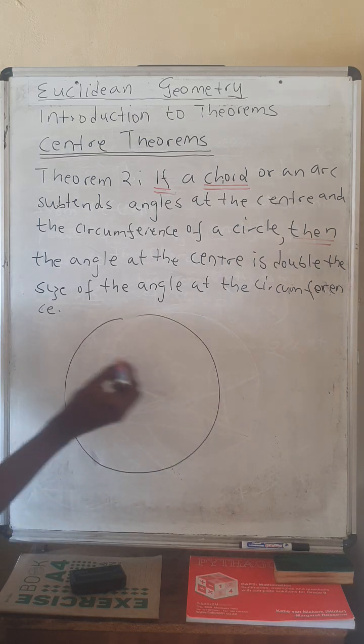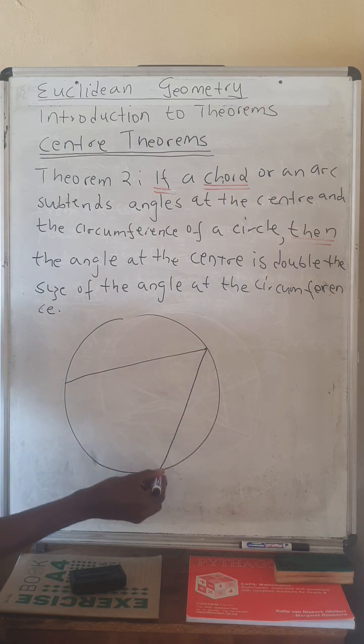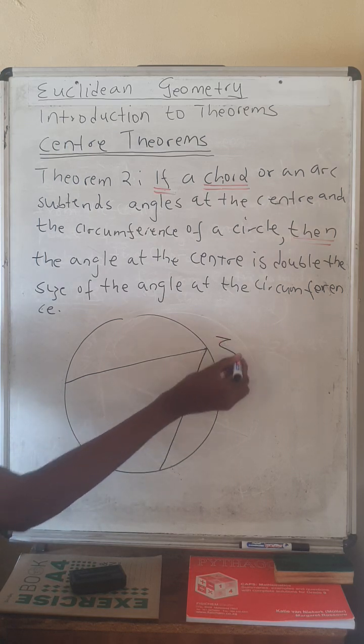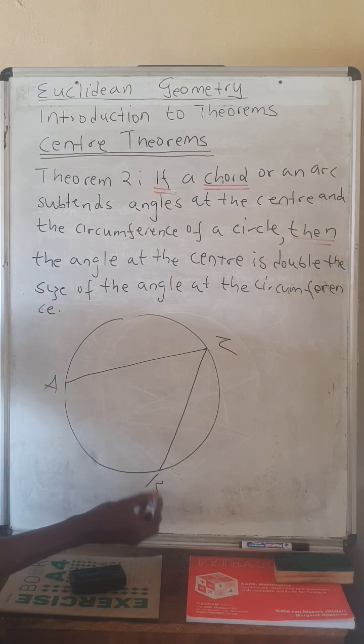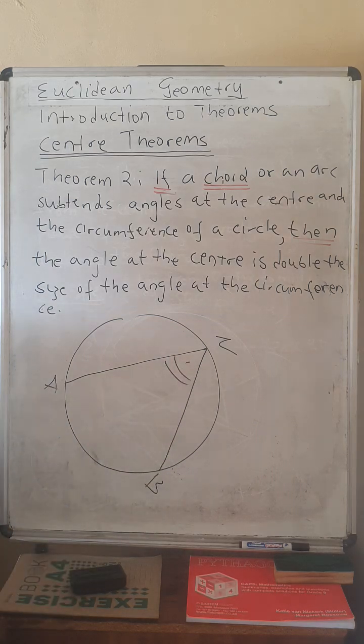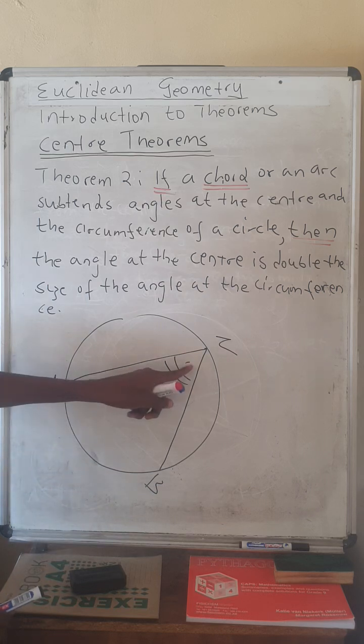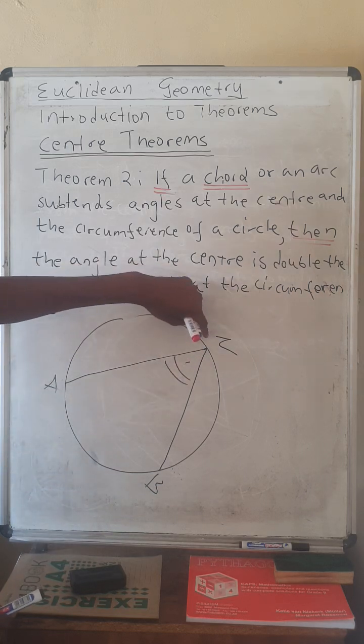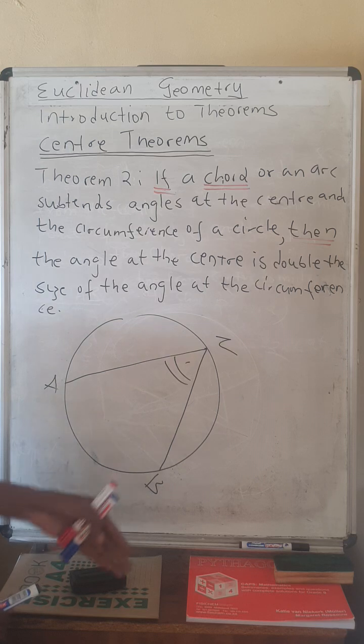I told you last time, if you look at this angle here, angle Z, let me say this is A, this is B. You can see in this case, Z is an angle at the circumference. Why am I saying Z is at the circumference? The vertex is at the circumference and the arms are chords.